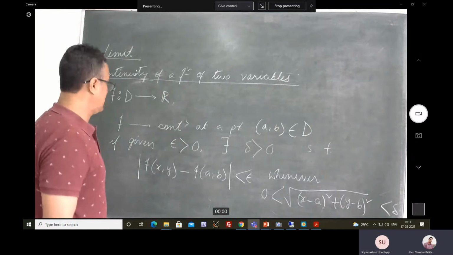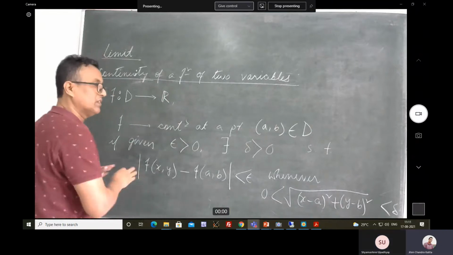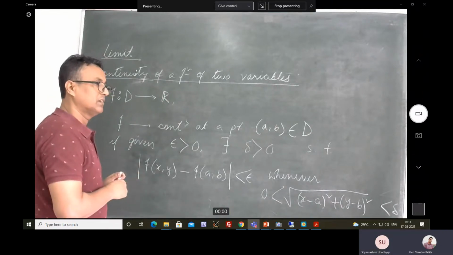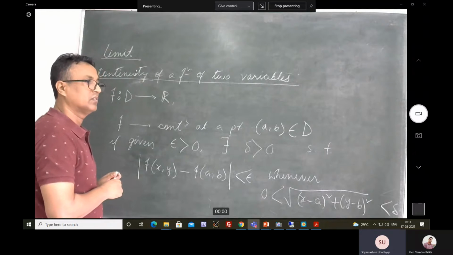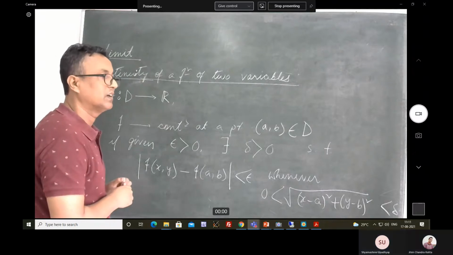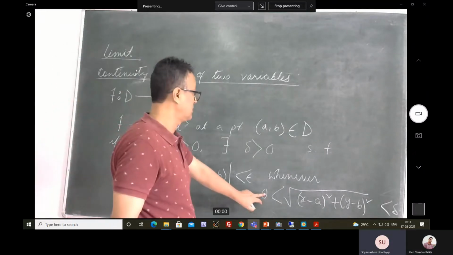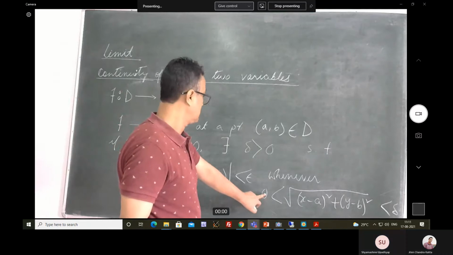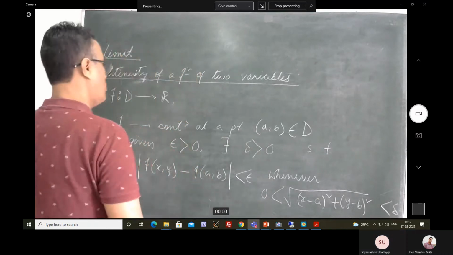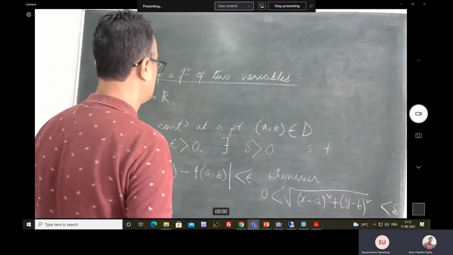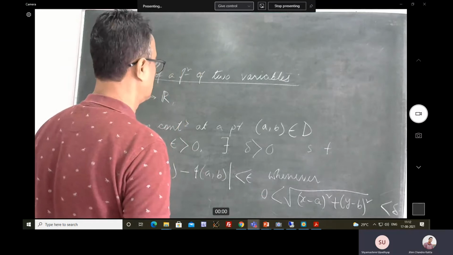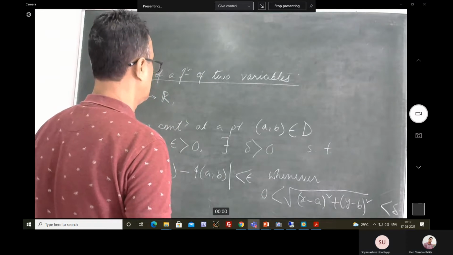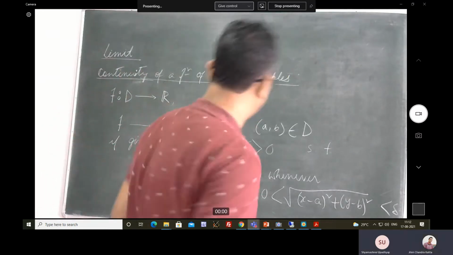Will there be a 0 over there, in the whenever statement? The 0 is there in the limit, not in continuity.